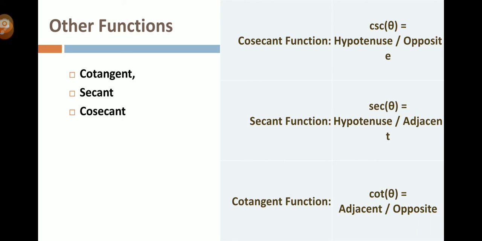Secant we can call sec, and cosecant we can call cosec. These are some basic functions of trigonometry. The main functions are sine, cos and tan, and the other functions are cosecant, secant and cotangent. In this session we have learned up to here.